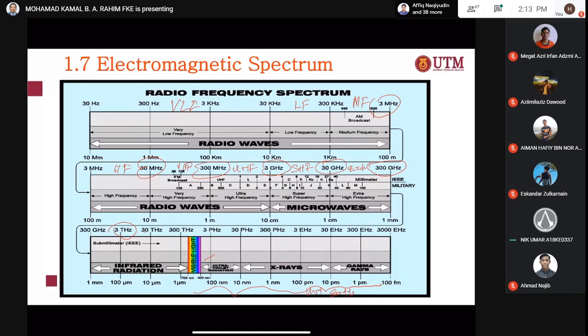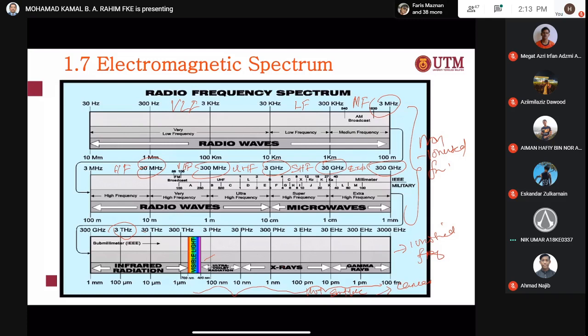It can cause cancer, as I mentioned to you before, because this frequency is ionizing. The rest is okay. This is non-ionizing.